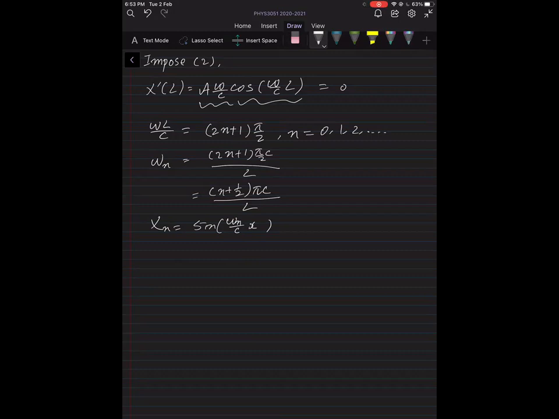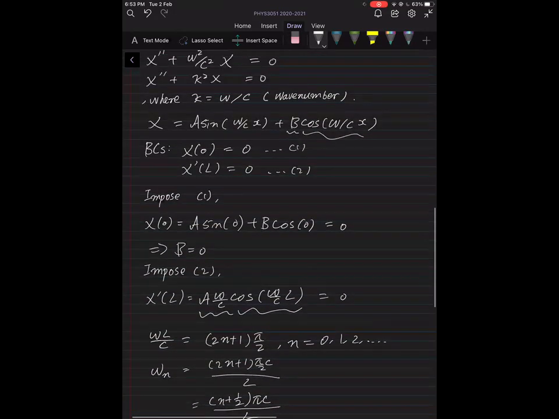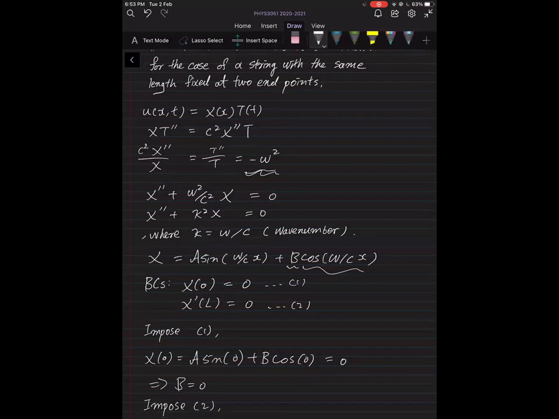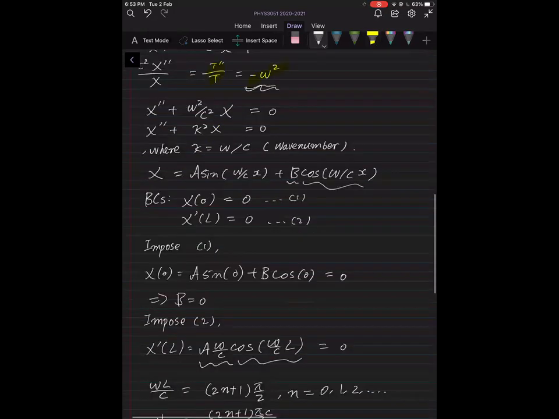Yes. So this is the spatial part. And for the temporal part, here is T double prime over T equals minus omega squared.